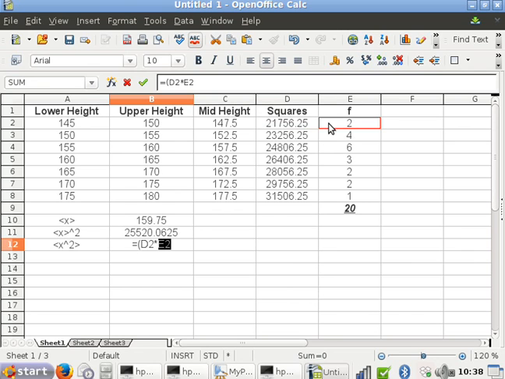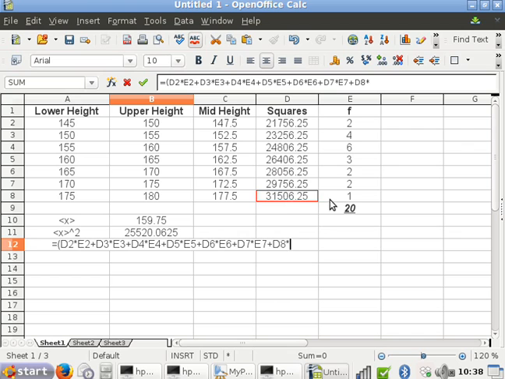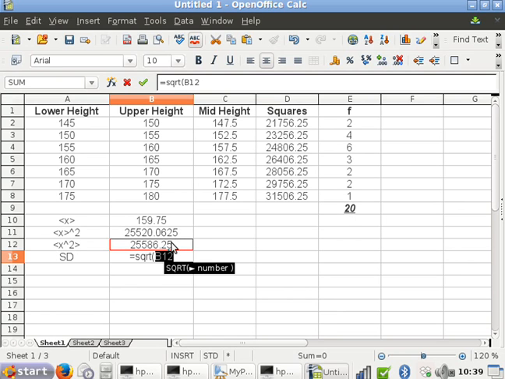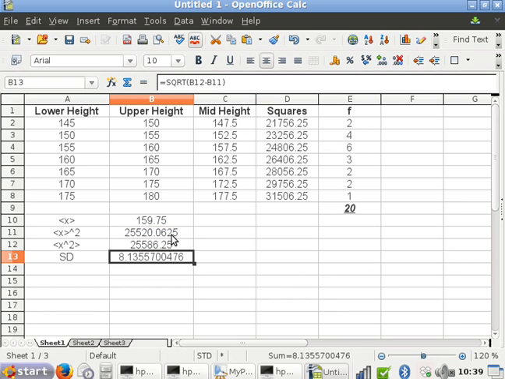This one times this one plus this one times this one, and so on, and divided by 20, and we get this. And if you remember standard deviation, that is equal to the square root of this one minus this one. So there's the standard deviation.